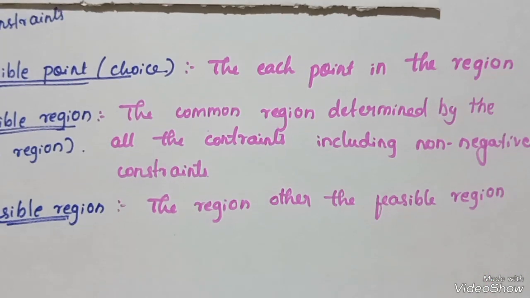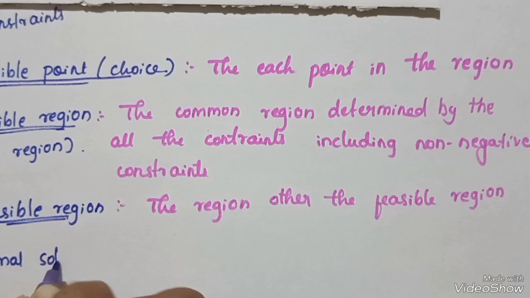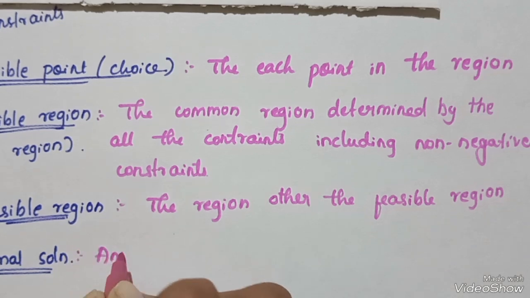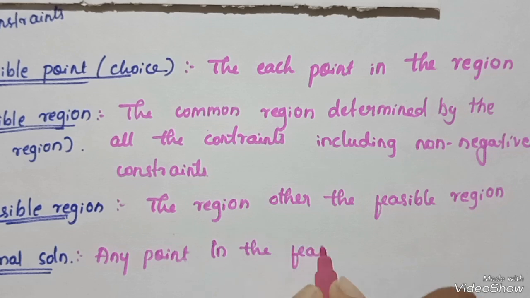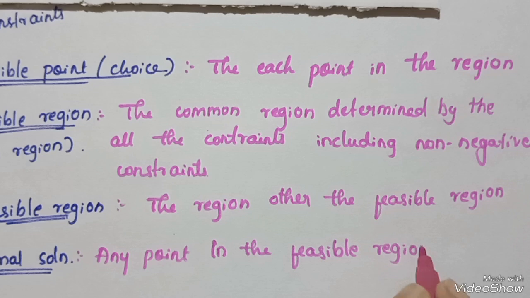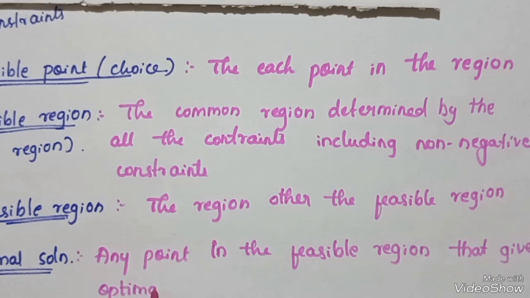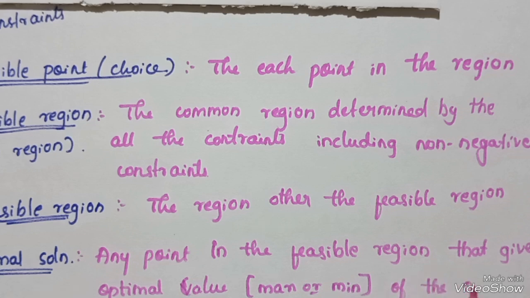Okay, next, optimal solution. Optimal solution means any point in the feasible region that gives the optimal value, which may be the maximum or minimum of the objective function.